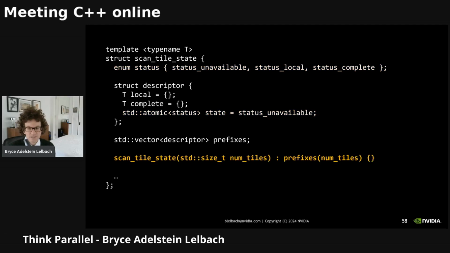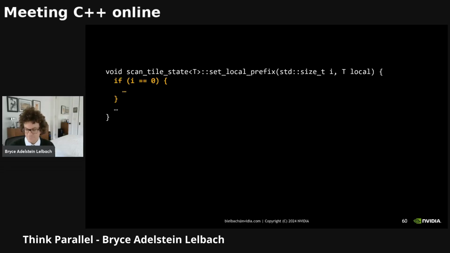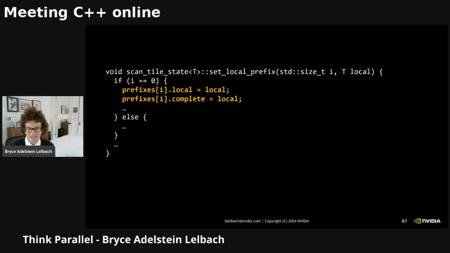When you construct a scan tile state, the local and complete prefixes for each tile are default constructed, and the state is initialized to unavailable. Tiles publish the sum of their elements by calling set local prefix, which takes a tile ID and a local prefix. The first tile is a special case. It has no predecessors, so its local prefix is also its complete prefix.